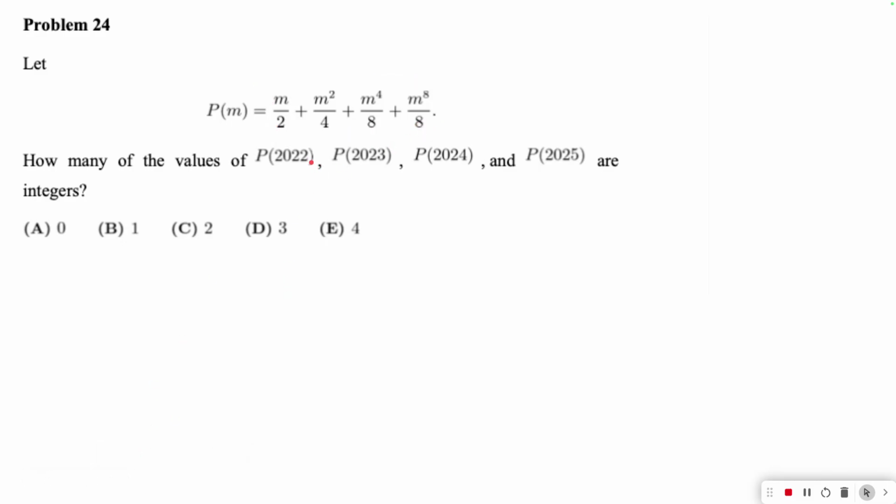So thinking about this, just off the m to the 8, clearly we cannot bash this out because 2022 to the power of 8 is way too high. So what we can consider here is just for this to be an integer, we can find these moduli too.